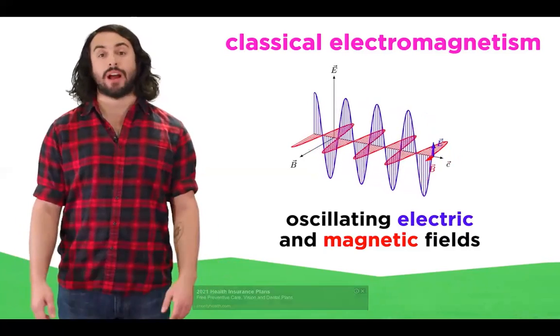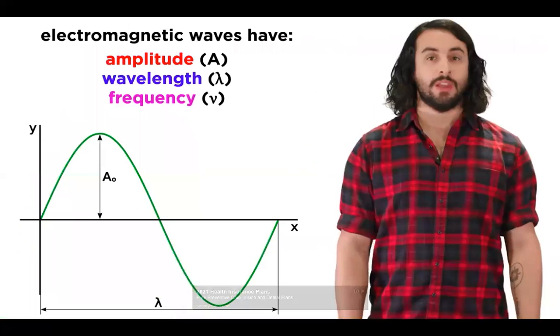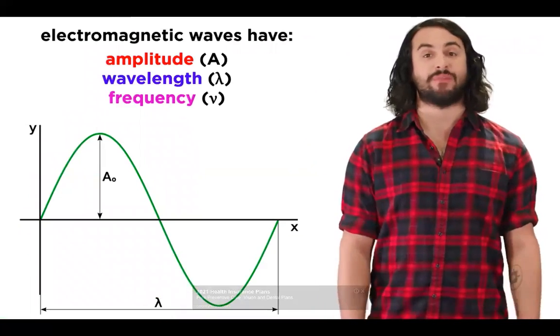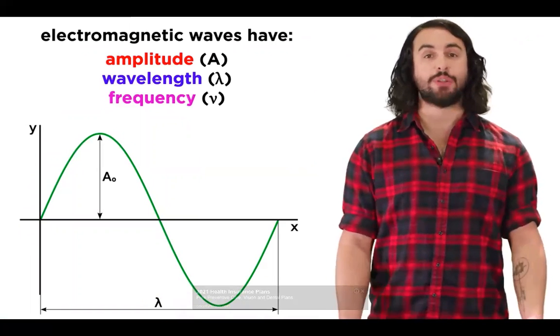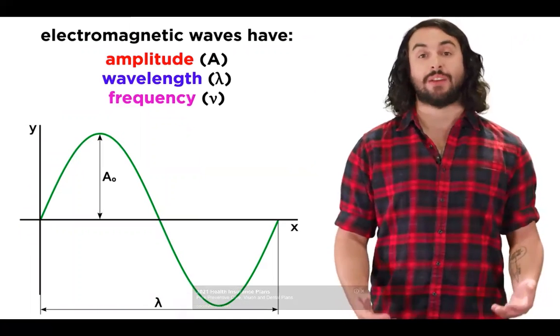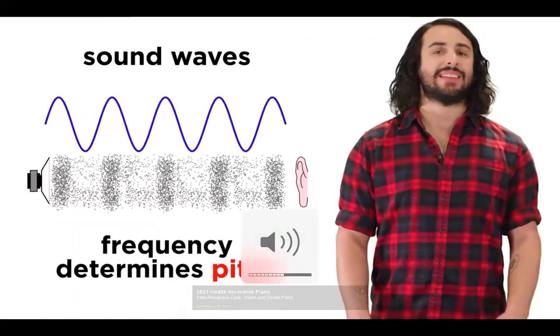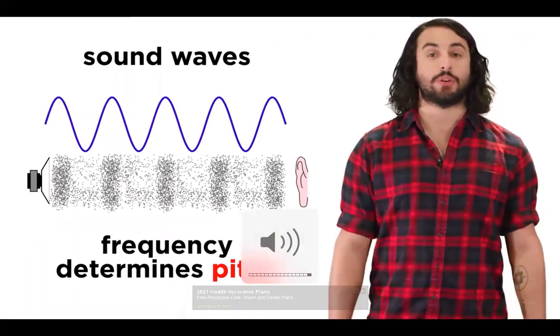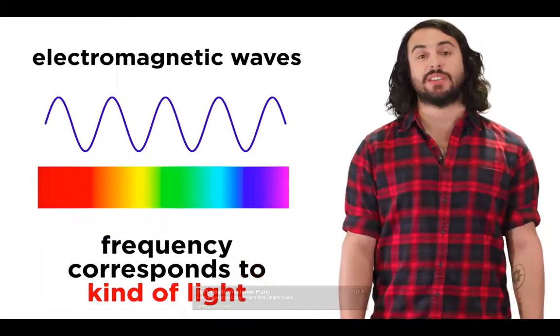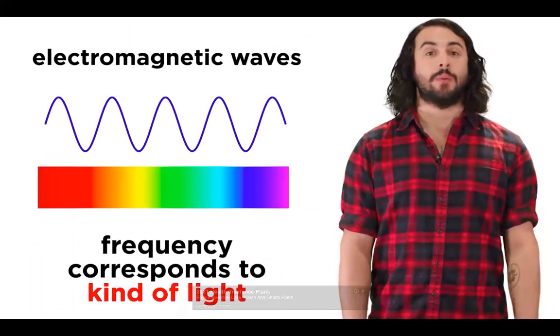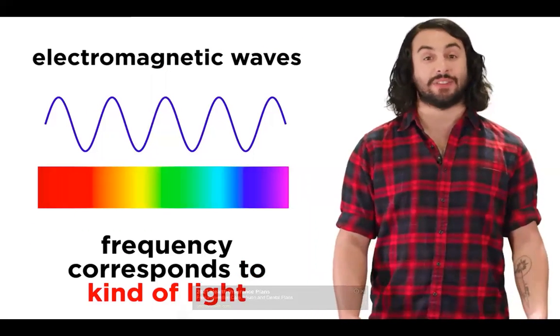We will learn more about these fields later. Just like the kinds of waves we have previously discussed, electromagnetic waves have amplitudes, wavelengths, and frequencies. But instead of different frequencies producing different pitches, like sound waves, different frequencies of electromagnetic waves produce different kinds of light.